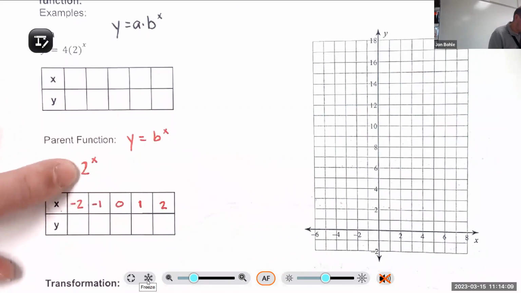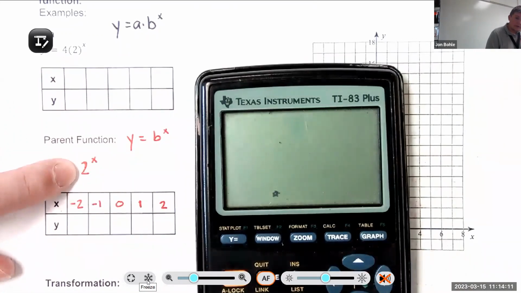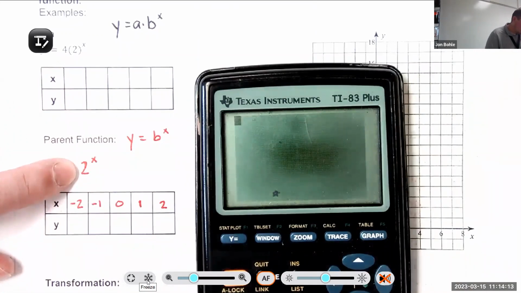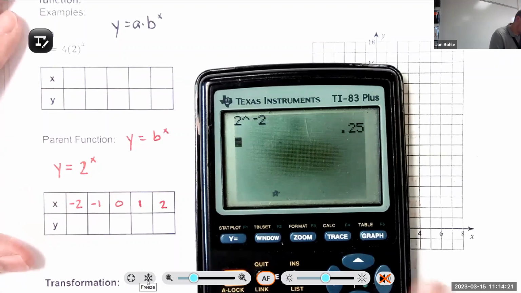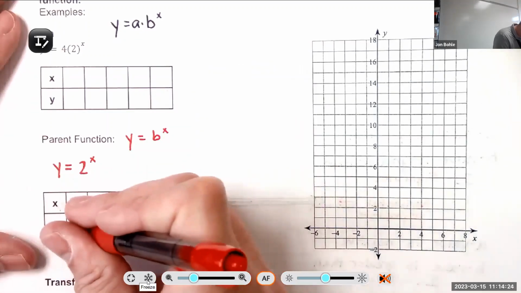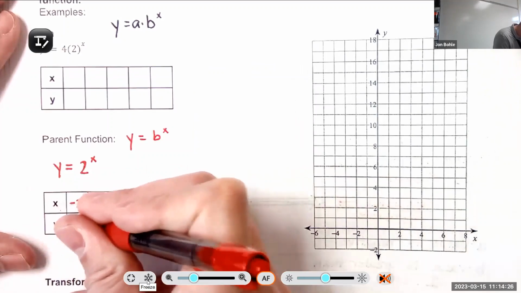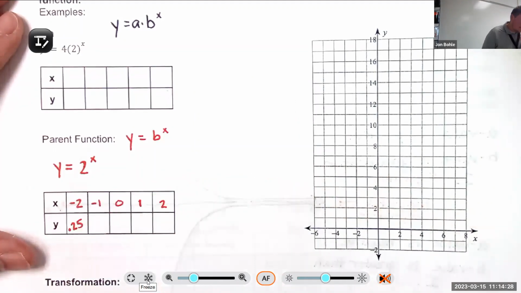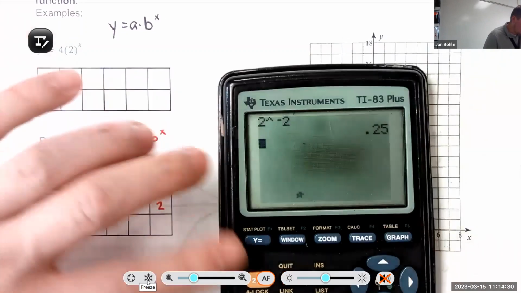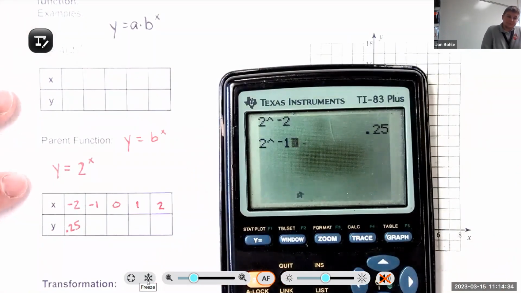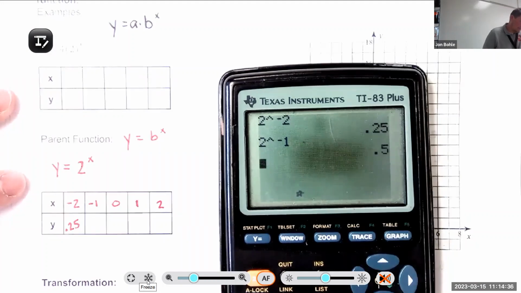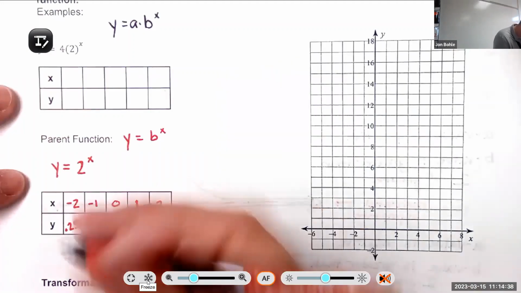So I'm going to start by taking my calculator, and I'm going to clear out what's in there, and I'm going to go 2 to the, and then my first x value is -2. So my first y value is 0.25. Then I'm going to do the same thing, but instead of -2, it's going to be -1 now. 0.5.